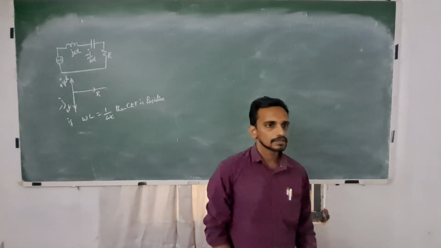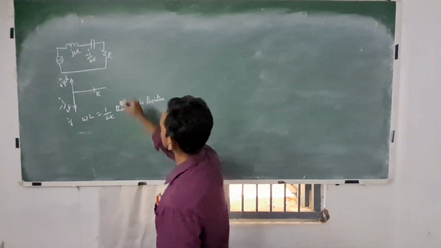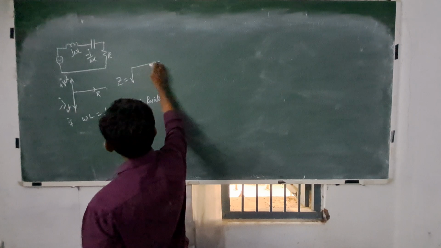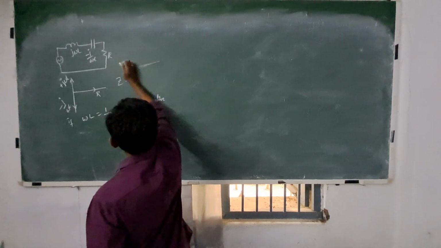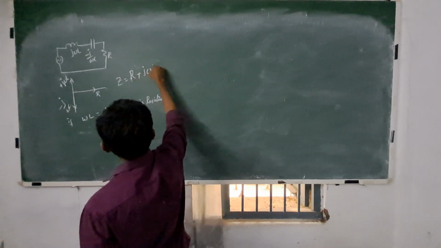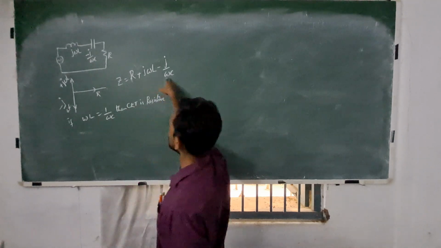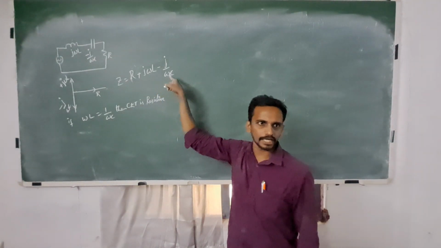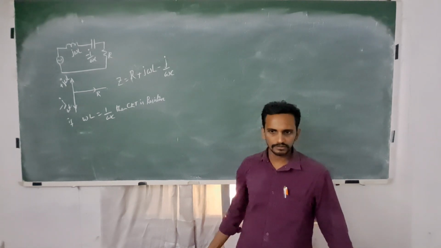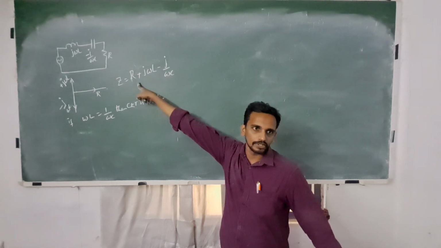So Z contains only R. Z is the resultant of all three: R plus J omega L minus J by omega C. If these two are equal, they get cancelled and only resistance remains.